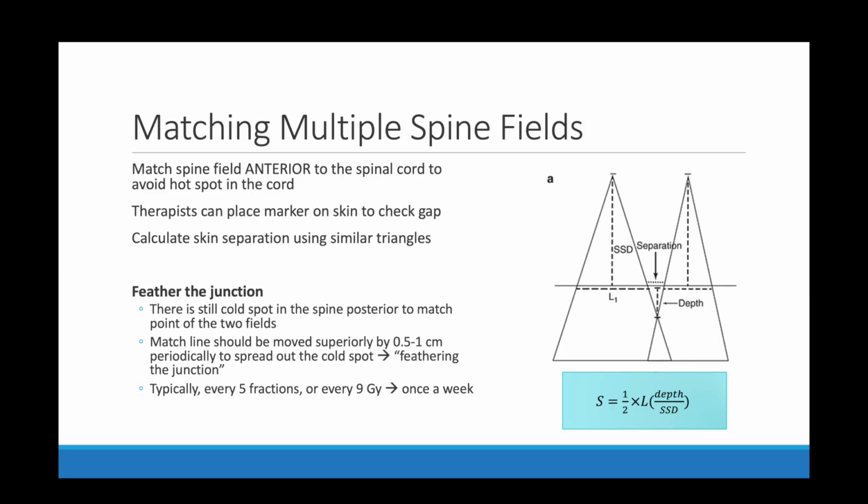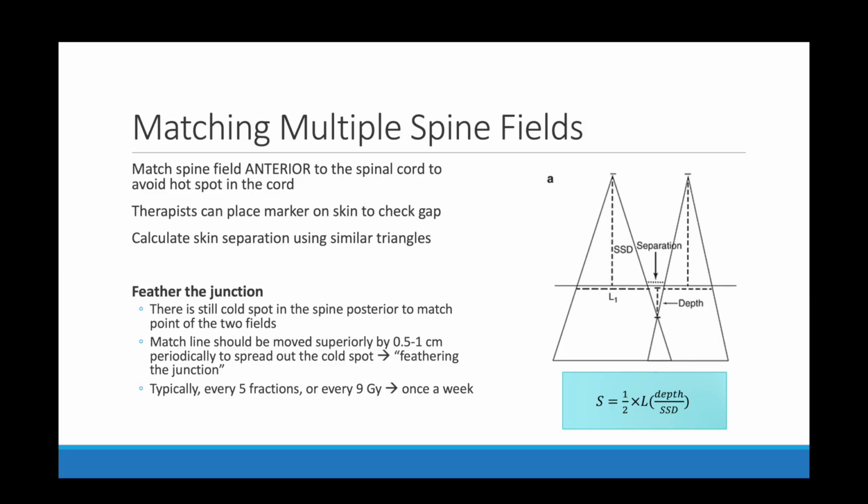Whenever we match these fields, the divergence is matching within the patient, at a depth just anterior to the spinal cord. What the therapists are going to see on the patient's skin, when they're making sure that they're treating the appropriate field, is a separation between the two fields, and that's shown in this diagram.